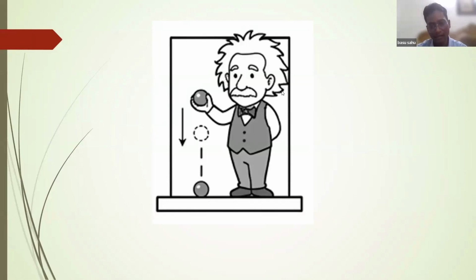But in case of B, the frame of reference of this man is basically non-inertial because this man is standing over the floor and the floor is accelerating with respect to ground. That means the frame of reference of this person is basically non-inertial.